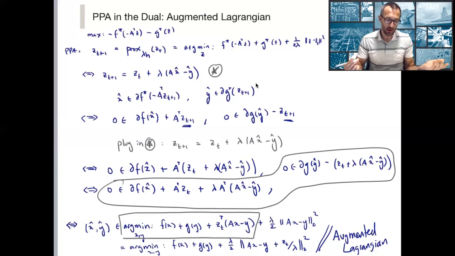But now these don't decouple because of the augmented Lagrangian. So this is a connection between the proximal point algorithm and the augmented Lagrangian. We are going to talk about properties that it has, the convergence rate, and also when it's a good idea. This is something we're going to pick up in the next lectures.